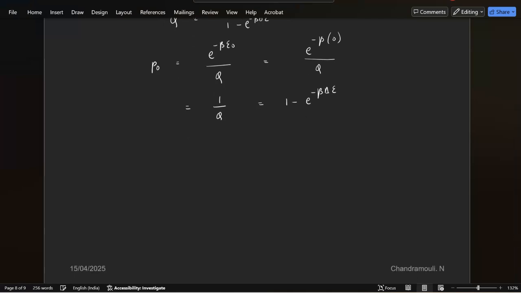So now we need to calculate this value at 300 Kelvin. 1 minus exponential of minus delta E by kBT, where beta is 1 by kBT. Delta E is 3.2 × 10^-20. So this is basically 1 minus e^(-delta epsilon divided by kBT).